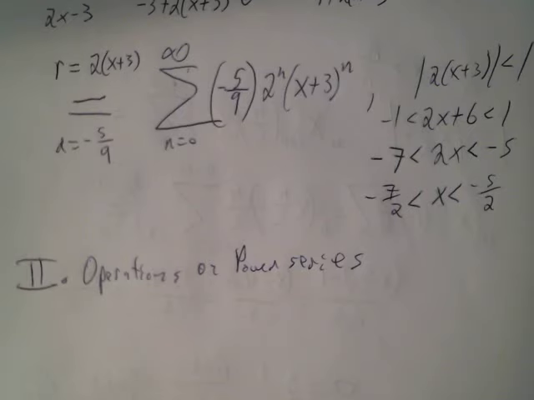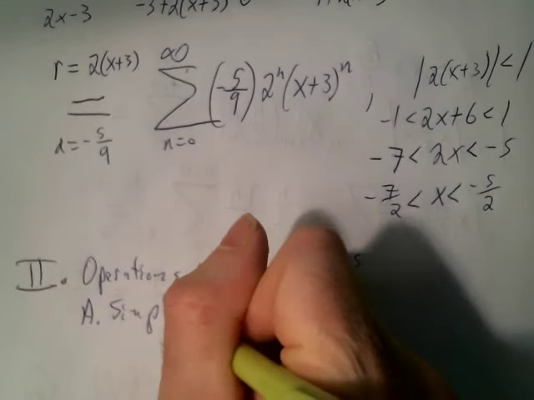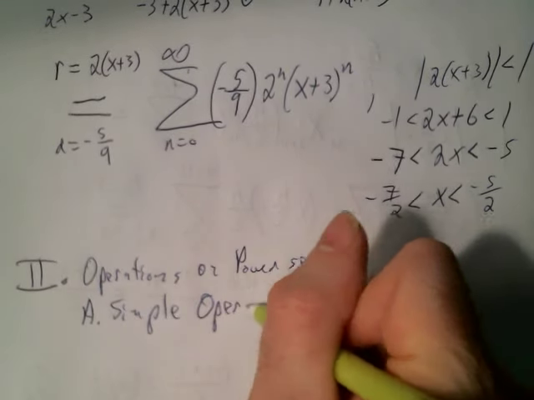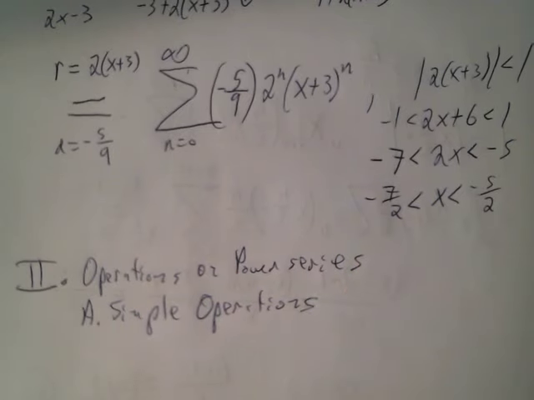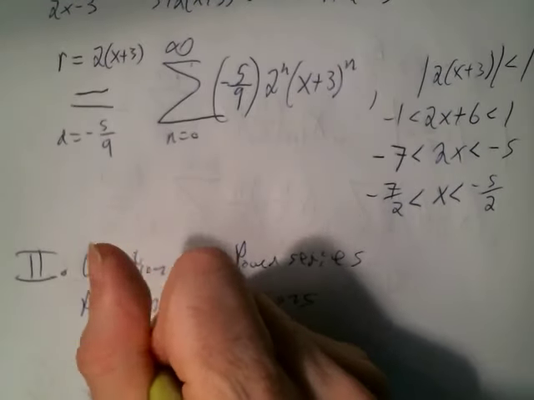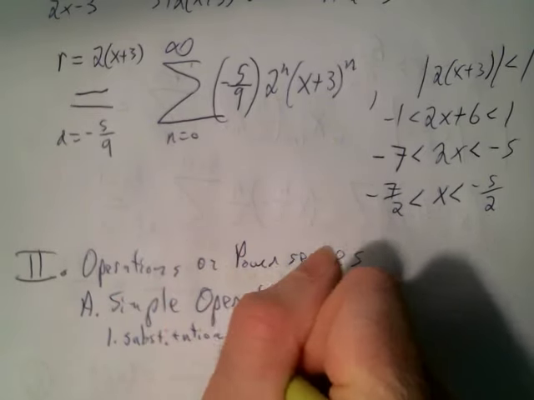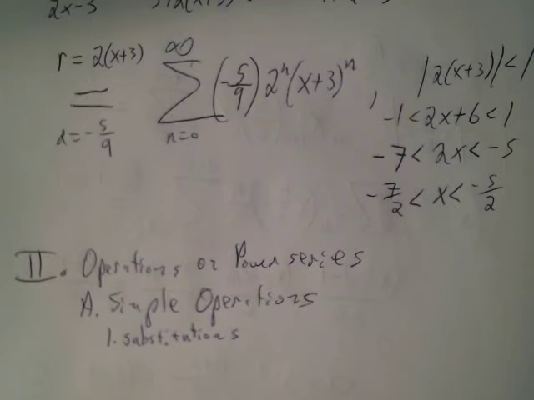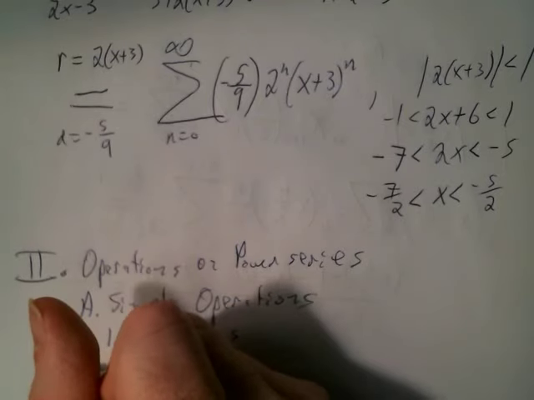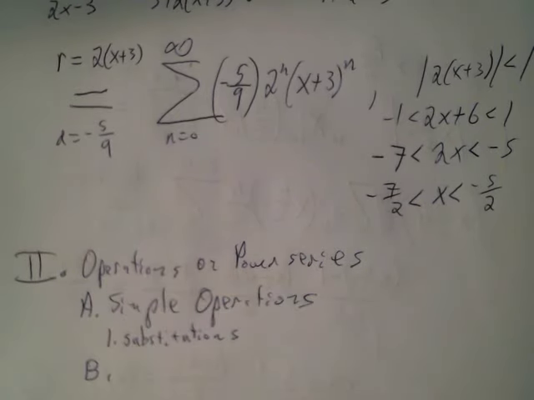So I think in the initial case, the simple operations, we kind of already covered that, where you can do these substitutions and you're kind of in the clear. The more non-simple operations are what's going to be of importance to us in building these new power series.